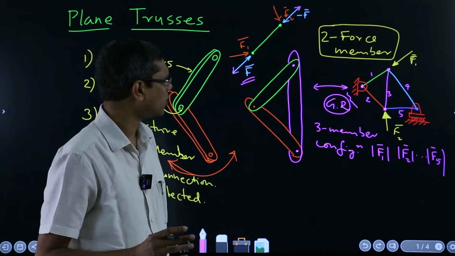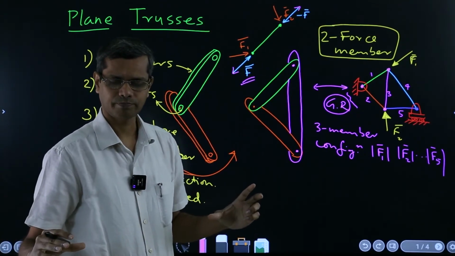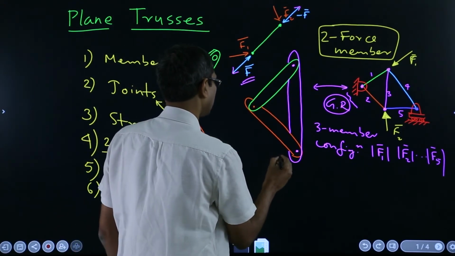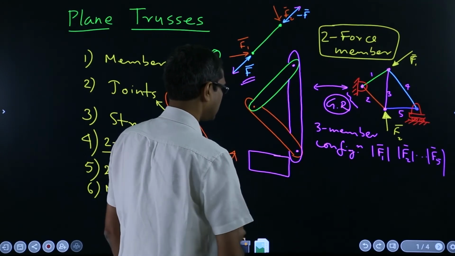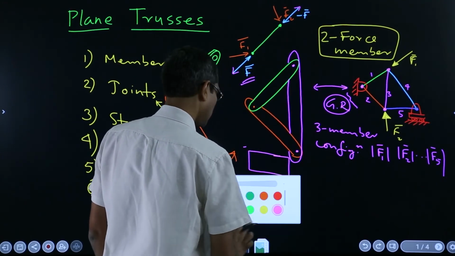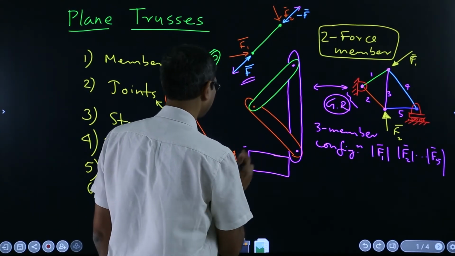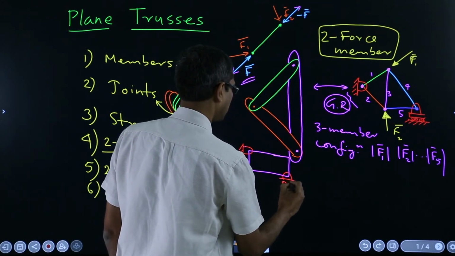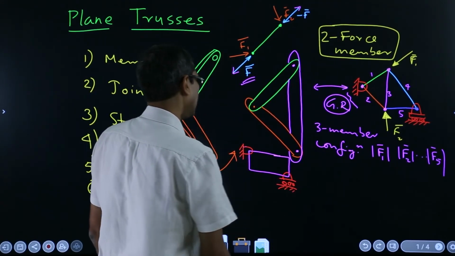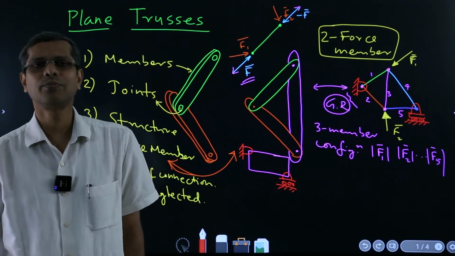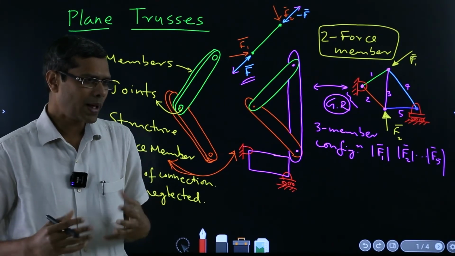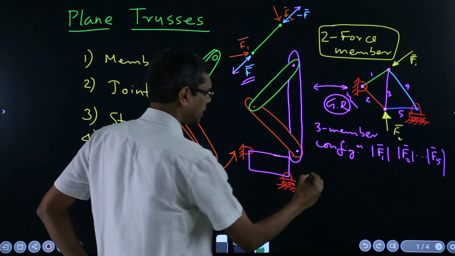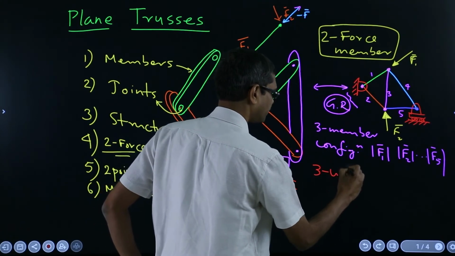Now when that rigid body is connected to the ground, suppose we consider the full truss like this as a rigid body, and suppose this is connected to the ground say like that, suppose here with rigid connection and here with, say, a roller support, and then the reaction which come from the ground, maximum number of connection which we can solve from the equation of equilibrium is equal to 3, right? 3 unknowns.